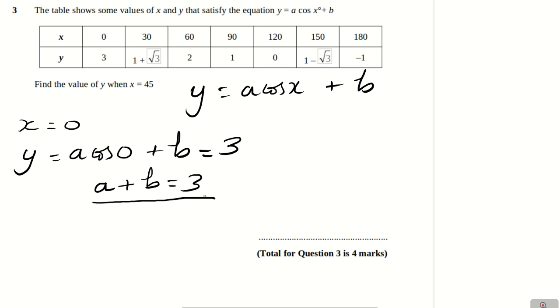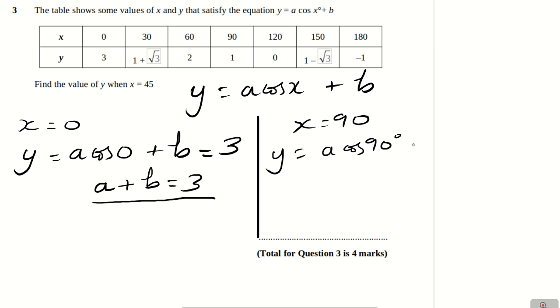Now, you could use any of the others really, but it so happens that if we say that x is 90 degrees, that'll just make things a bit simpler. So when x is 90, we're going to have that y equals a times cos of 90 plus b, and we know that that is going to equal 1.